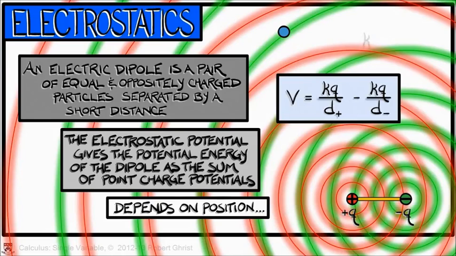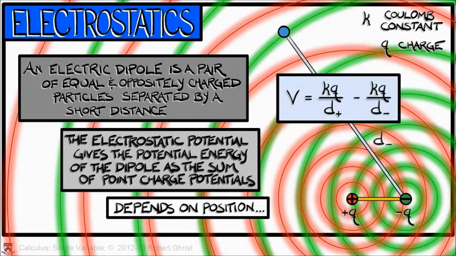What does that mean? Well, k is a constant, the Coulomb constant. q is the amount of charge on each element of this dipole. And d plus and d minus are the distances, respectively, to the positive and the negative charge in the dipole. All right, that's the physics that we need.